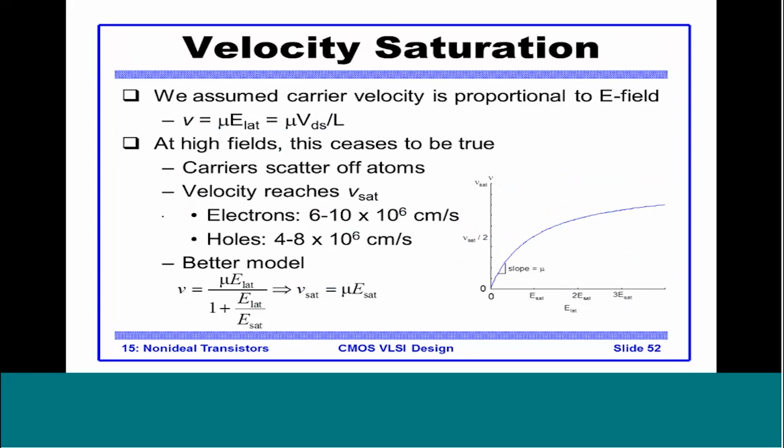First thing, we assume the carrier velocity is proportional to the lateral E field, which is VDS by L. But at the higher fields present in transistors, the fields are higher because L is very low.